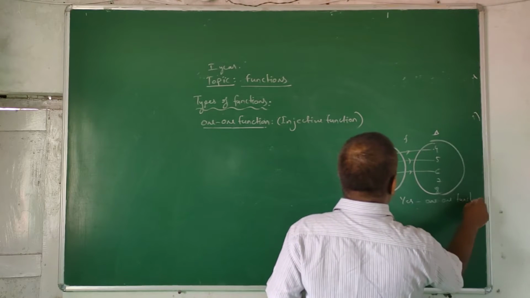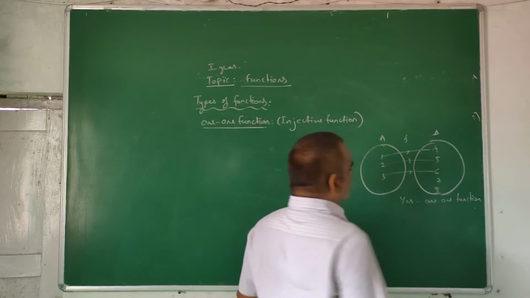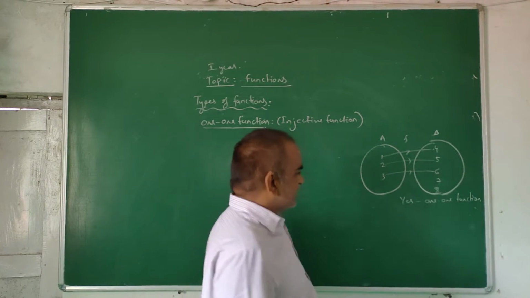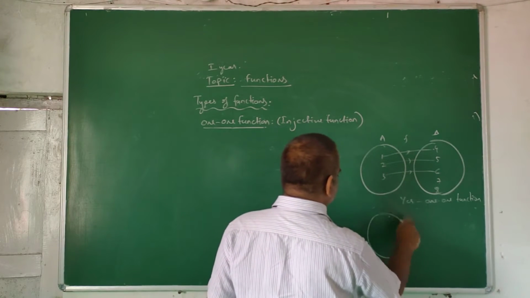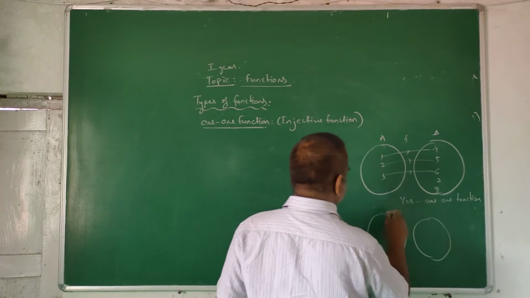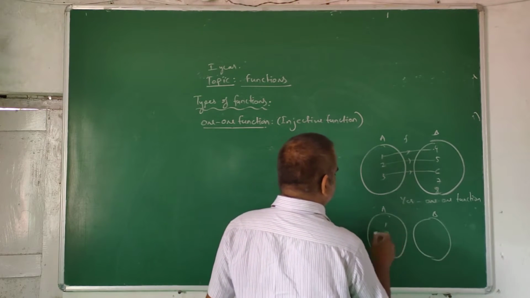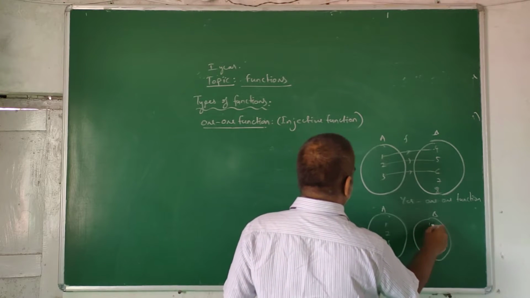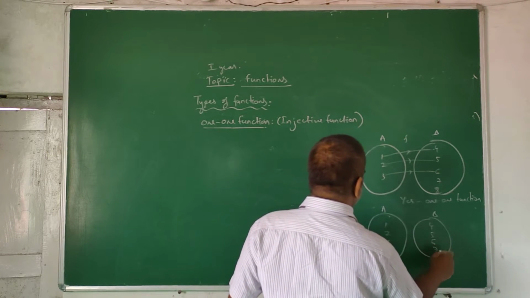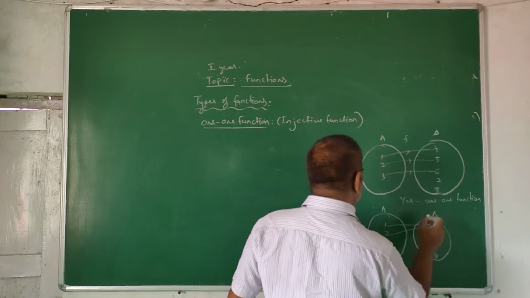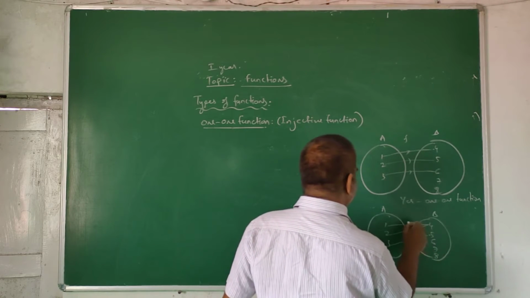Problem comes where two different elements have a single image in B. See our example here, I will show. Let us take the same set, same elements 4, 5, 6, 7, 8. So suppose 1 has the image 4, 2 has the image 4, 3 has the image 5.